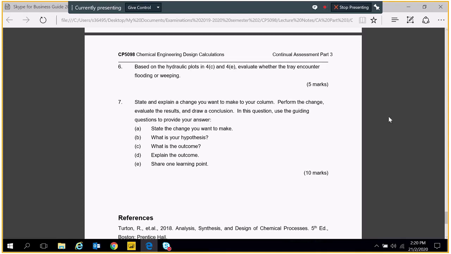Column temperature decreases, more liquid flows down from tray to tray, and more liquid enters the reboiler. Therefore, reboiler heat duty will increase. And what happens to the purity of benzene? You expect the purity of benzene to go above 96 mole percent. And that is expected. So that is your hypothesis. And then you check against this hypothesis.